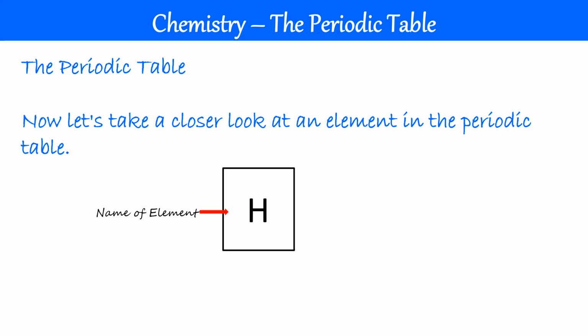For example, lithium would be Li. Then we have the atomic number, normally in the top left corner, and that's the number of protons. Then we have the average atomic mass, sometimes in the top right corner, or sometimes in the bottom left corner.